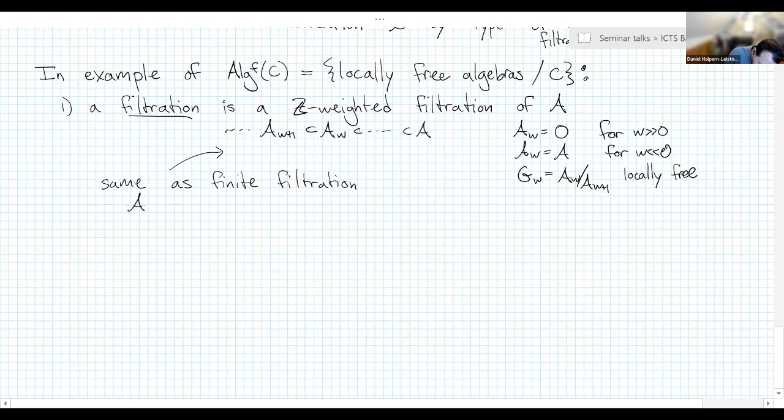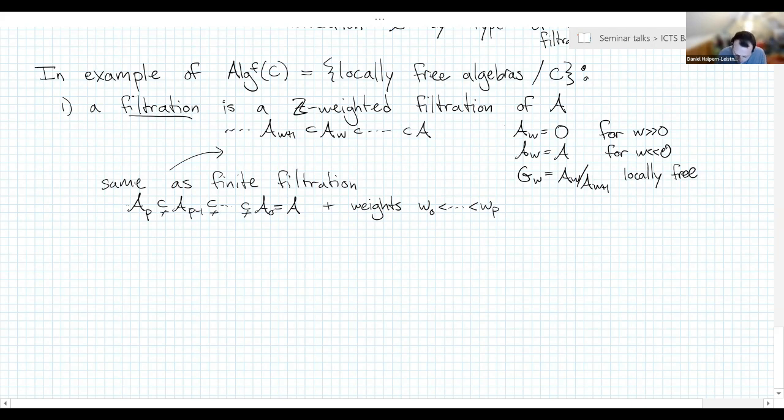So you know, A_p inside A_{p-1} inside dot dot dot inside A_0 equals A, plus integer weights w_0 less than dot dot dot less than w_p.